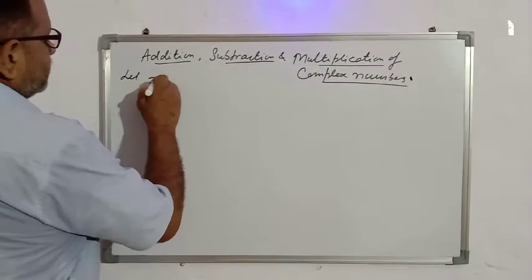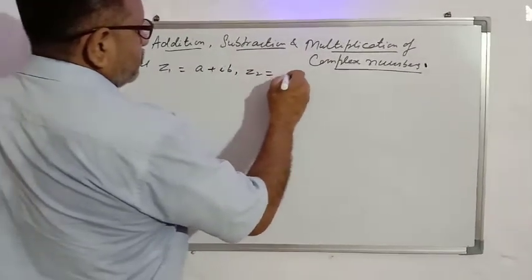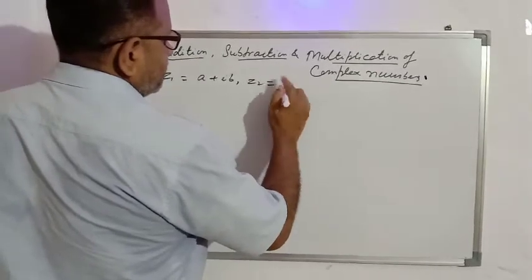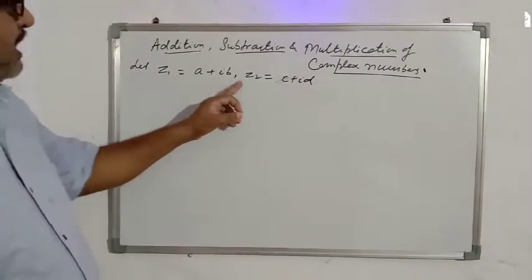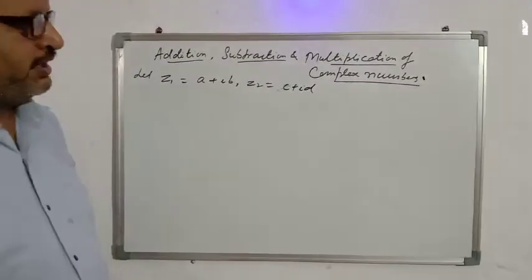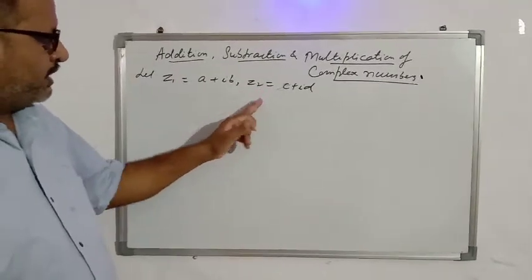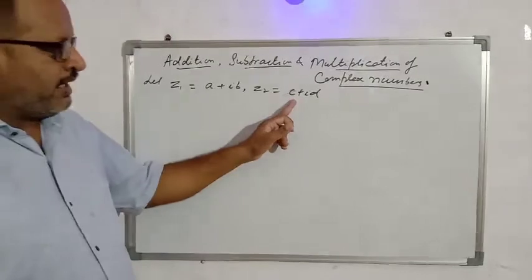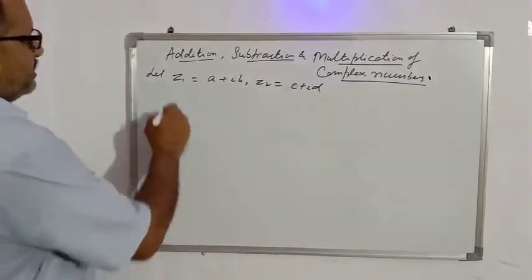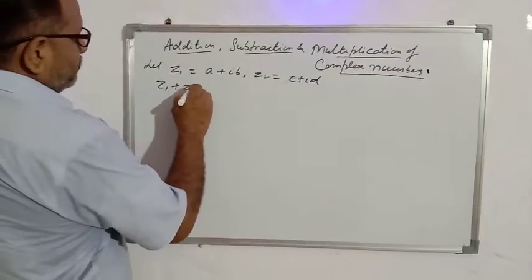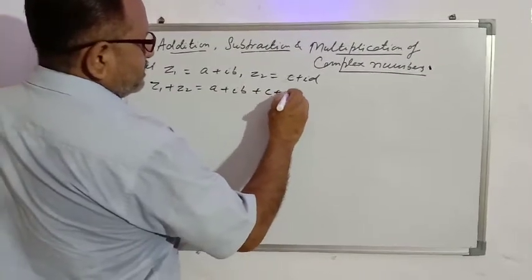Let z1 is a plus ib, z2 is c plus id. There are two complex numbers, a plus ib and c plus id. How we can add them? When we add two complex numbers, we add the corresponding real parts and the corresponding imaginary parts. So see, z1 plus z2, we will write like this: a plus ib plus c plus id.